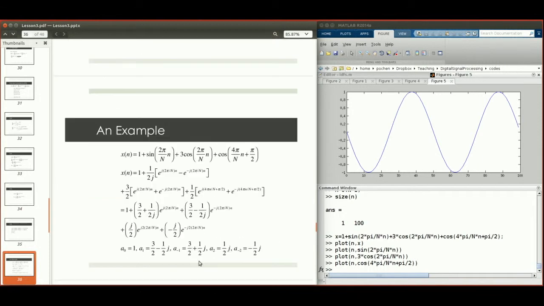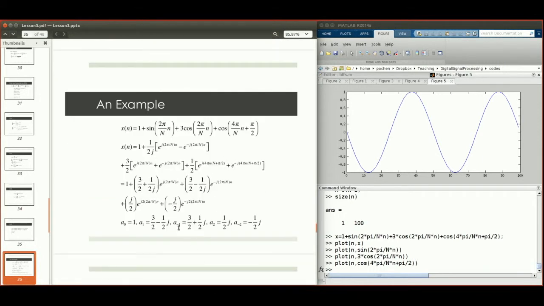Big N equals 100, so big N subtract 1 is 99. So this is actually a99, right? And then a minus 2 is what? a minus 2 equals a minus 2 plus big N. Big N is 100. So a minus 2 equals a98, right?